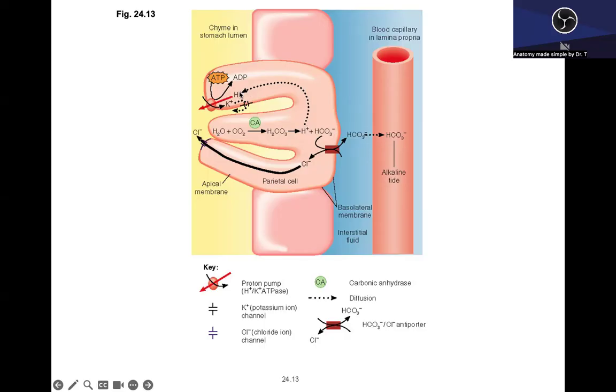We're talking about some form of active mechanism which has to push content against its concentration gradient. That's why we need adenosine triphosphate as the energy. On the apical end of the cell is the hydrogen potassium pump, which allows hydrogen to be exported out of the cell and potassium to be re-imported into the cell.